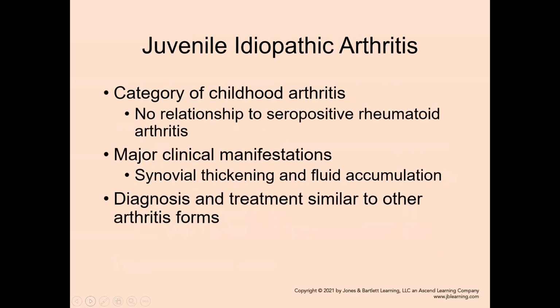Juvenile idiopathic arthritis is a category of childhood arthritis, but there is no relationship to rheumatoid arthritis. Its major clinical manifestation is synovial thickening and fluid accumulation. Diagnosis and treatment are similar to the other arthritises we have talked about.